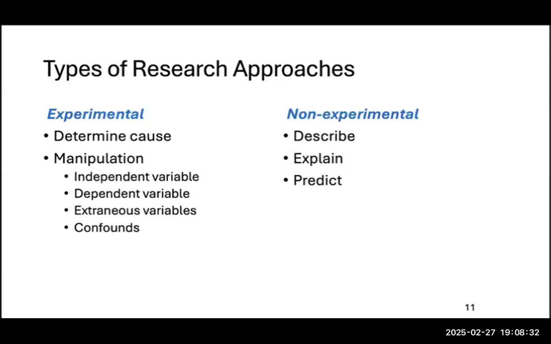And then we are confused, like, oh, wait a minute, is the dependent variable changing because of the manipulation of the independent variable, or is it changing because of this confounding variable? So a good researcher can anticipate what variables would be confounding and then control for them or eliminate them. Non-experimental studies are used for description, explanation, and prediction in terms of the goals of science.